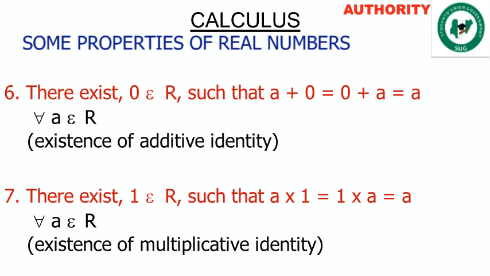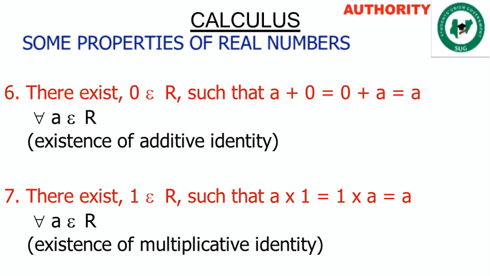It remains the same. And this number is 1. So we call this the existence of multiplicative identity. And the multiplicative identity is 1.